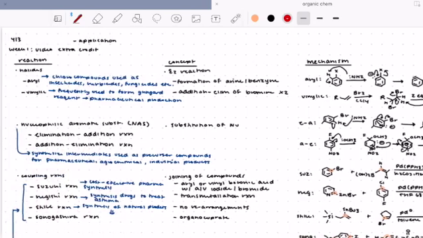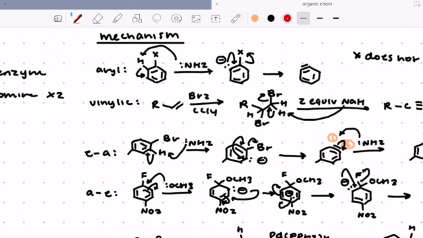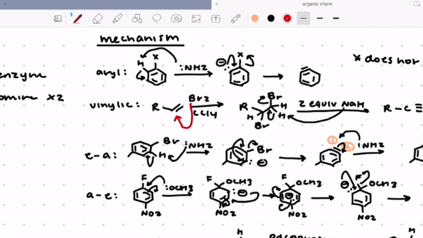For vinylic, you can see that it's going to be characterized by the addition of bromine twice. First, they're adding bromine in a Markovnikov fashion to the most substituted carbon. Next, you're going to add the second bromine, Markovnikov, to the other side of that double bond, and by doing so, you're going to make this single bond.